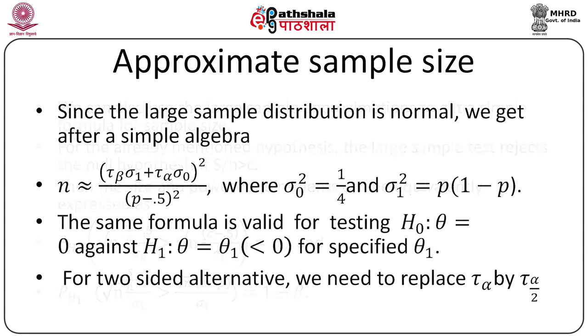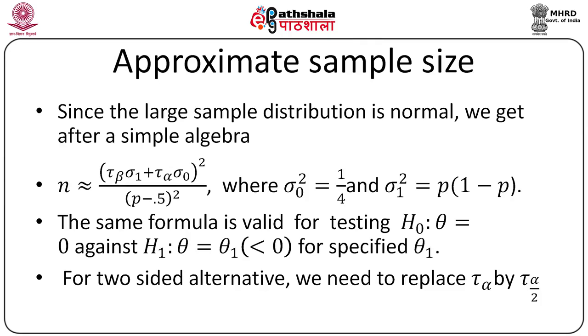Since the large sample distributions are normal, we get the approximate relations C minus 0.5 equal to tau alpha sigma naught divided by square root of n, and C minus p equal to minus tau beta sigma 1 divided by square root of n.